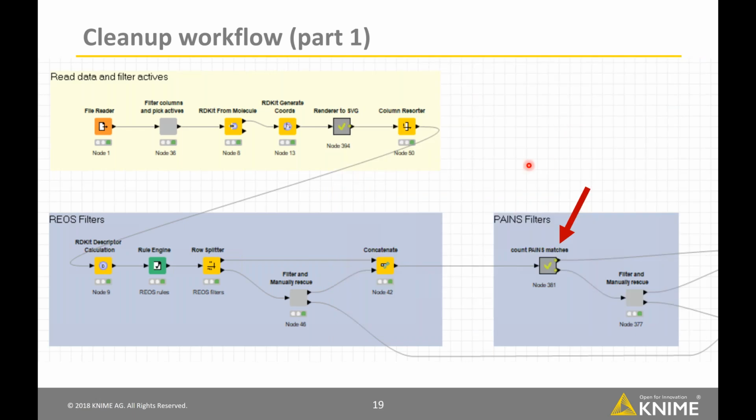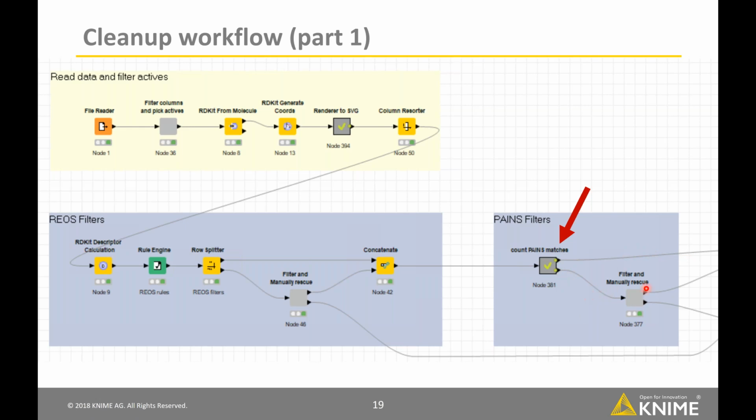I then take all of the remaining compounds and look through them to see whether or not they have any of these panes substructures, these substructures that are likely to have interfered with the assay. The same thing happens here. Anything that does not have a panes match goes out the top branch. Anything that does have a panes match goes out the bottom branch.